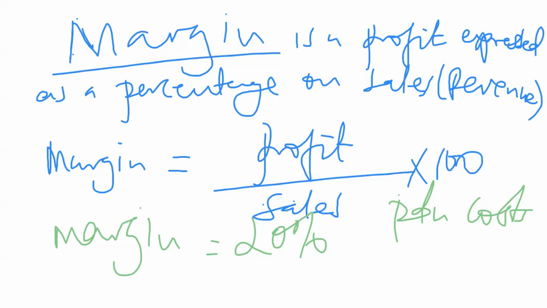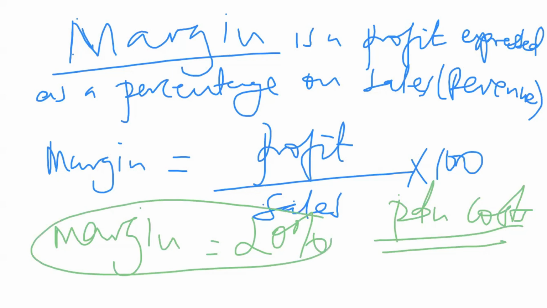Because you have computed production costs, you can't apply a margin. A margin is applied on sales, and what you have is not sales, you have production cost. So you want to look for a markup, but in the question they gave you a margin.